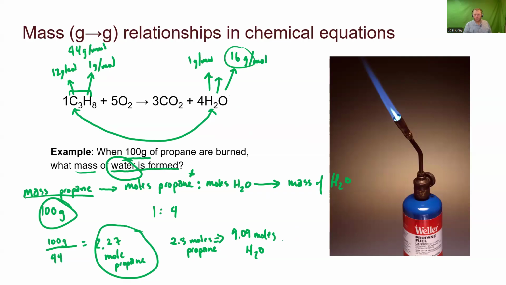Okay? So now with the 9.09, that's the number of moles of H2O that we'll produce. What is the mass of H2O that we will totally produce? Add it to the chat when you're ready.